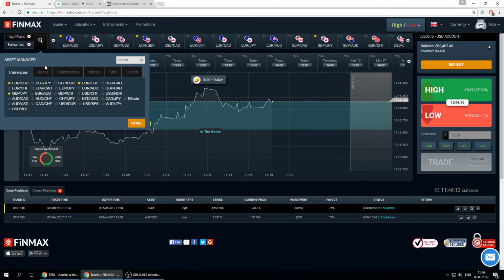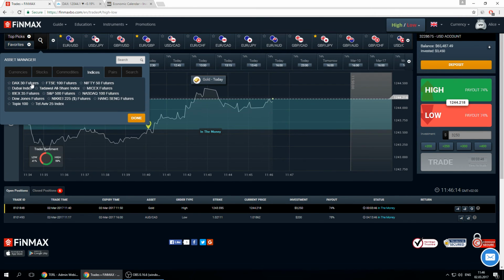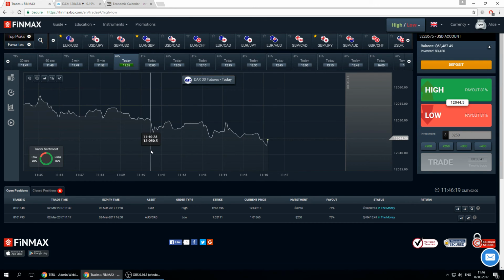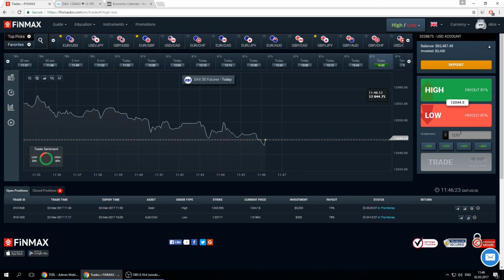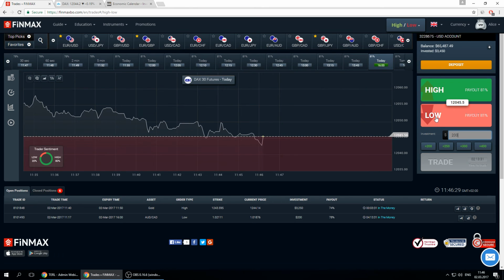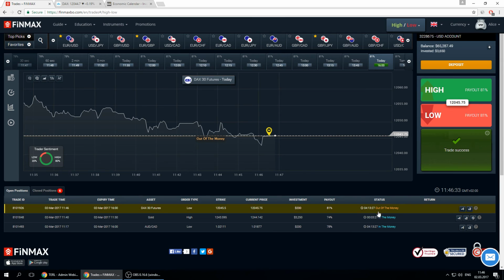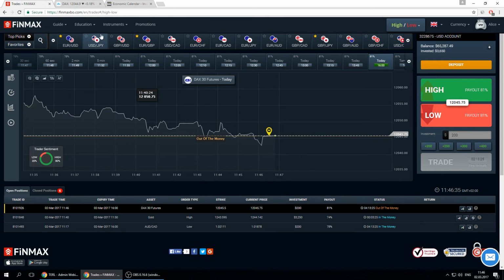So let's see what time frames are available today. Oh, pretty high payout, why not? I'm going to open for low. And the trade will expire in 4 hours.